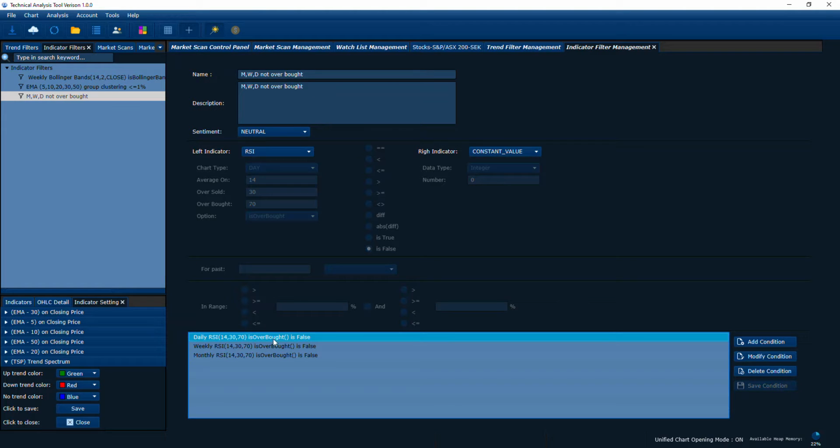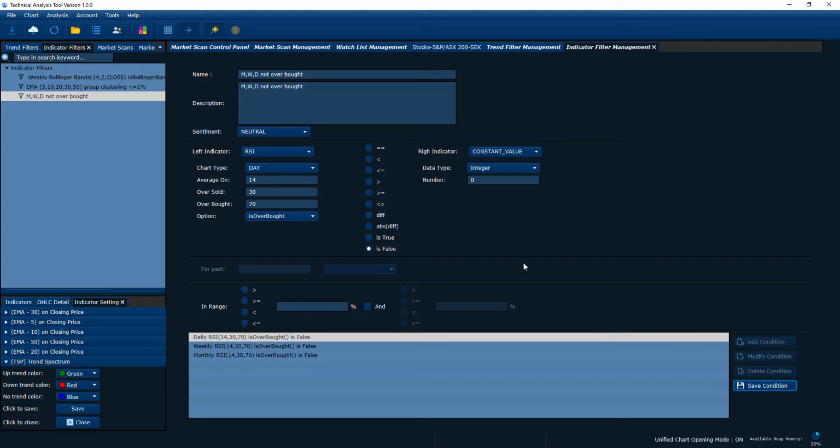As I just said, we do not want the RSI indicator to present overbought status, so we created those three conditions.